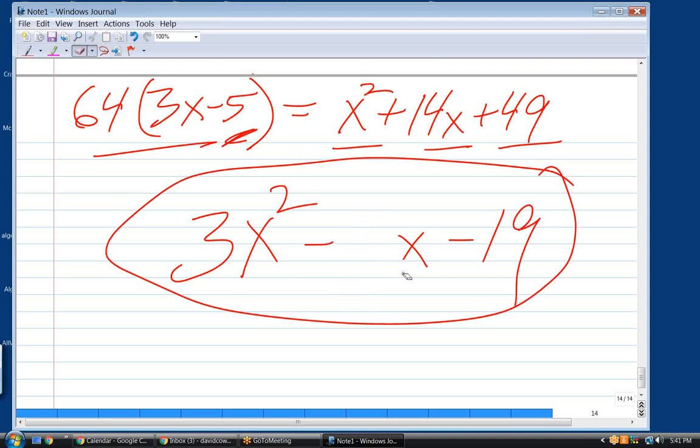Let's say I had this problem right here. The one I have circled. What's A? 3. What's B? -1. Good. And what's C? -19. Right. A lot of people will say B is minus X. B is only the coefficient of the X term.